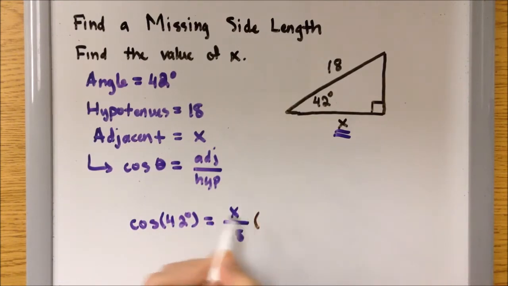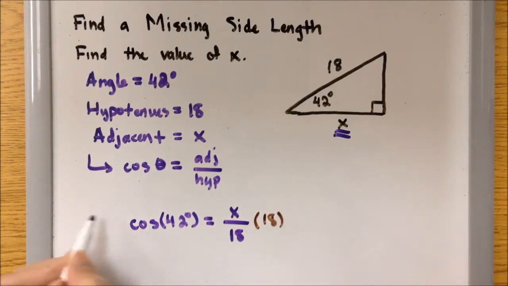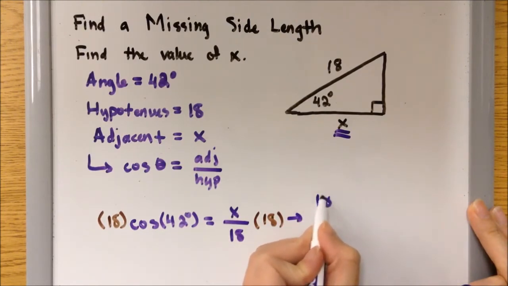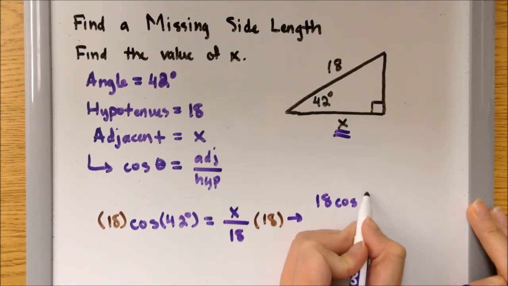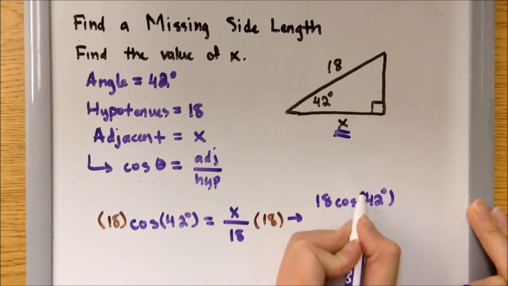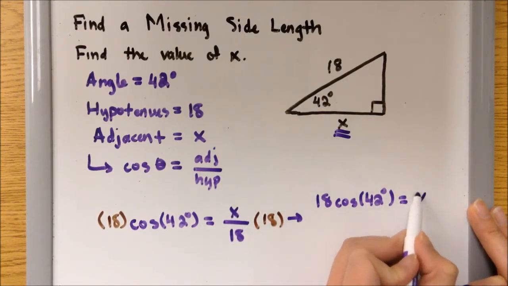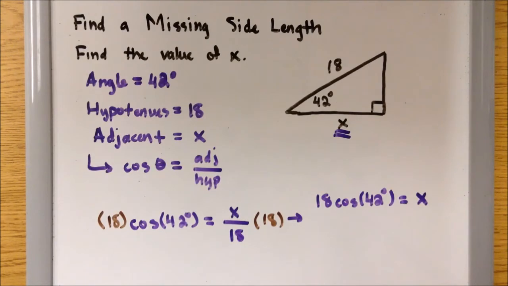I'm going to multiply the whole fraction on the right side by 18, and multiply the left side by 18 also. So the left side will simply be 18 cosine of 42 degrees, equals x over 18 times 18. Since 18 is a whole number, 18 divided by 18 is just 1, and 1 times x is just x.